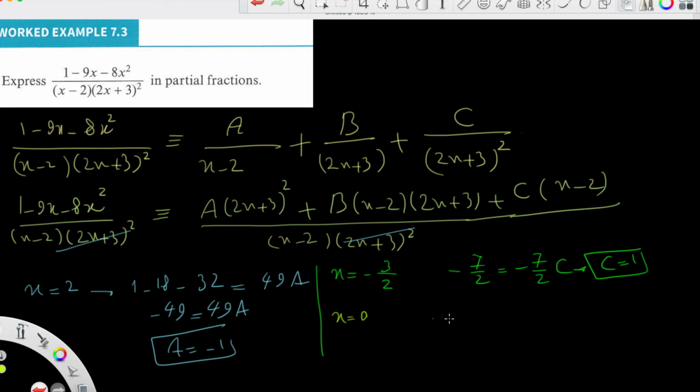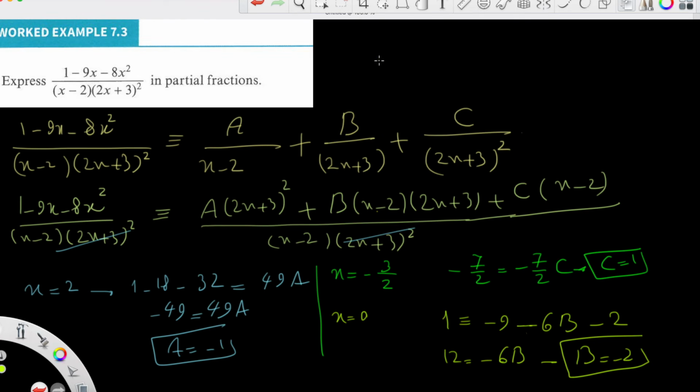If you put 0 here on the left hand side, you have 1, then it will be 9a, which is actually a is negative 1 minus 9, then plus, it is negative 2, it is 3, negative 6b actually, minus 6b, then minus 2c, c is 1, so it will be then minus 2, then minus 2 minus 9 minus 11, so it will be 12 is equal to minus 6b, b is negative 2.